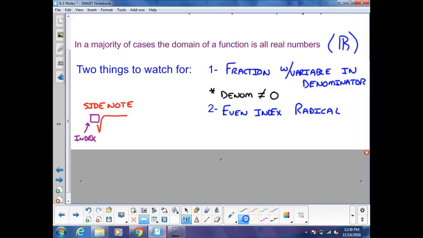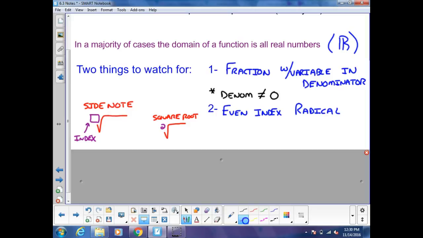And that a square root has an index of 2. We just don't write it. So the index is there.